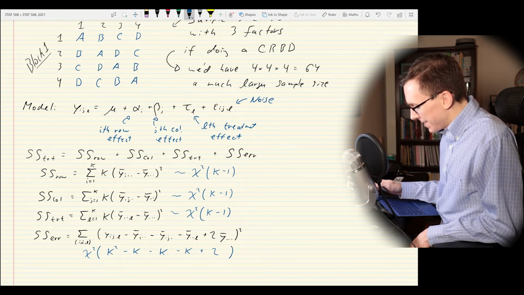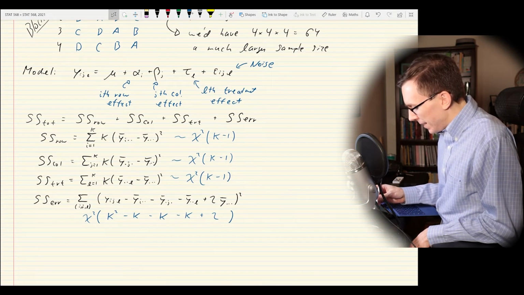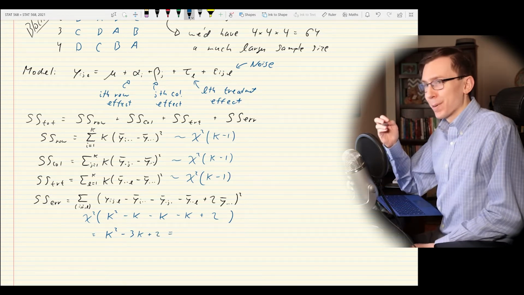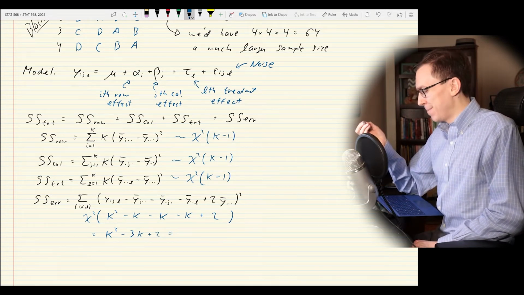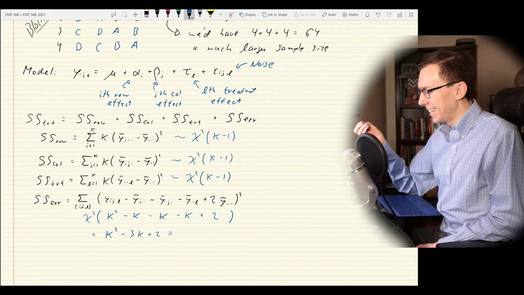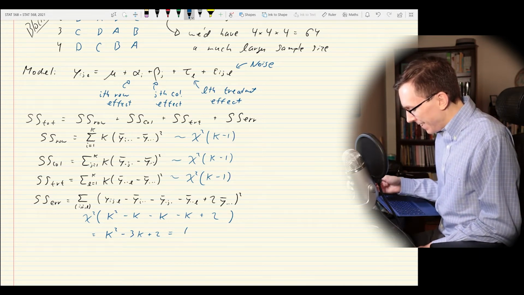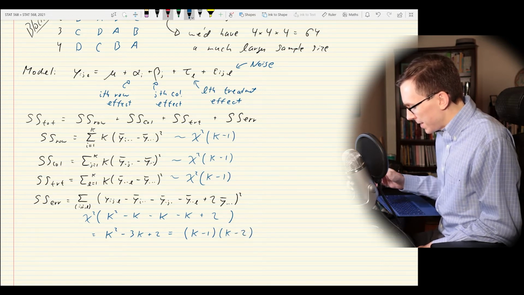So this kind of thing is going to be k squared minus 3k plus 2. And if you remember factoring polynomials like you would have done in high school algebra class, then what you end up with is k minus 1, k minus 2 as our degrees of freedom for the error sum of squares.